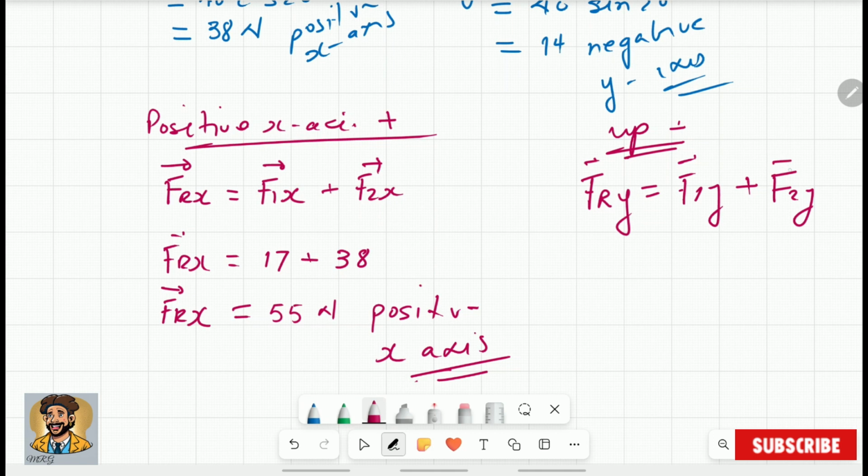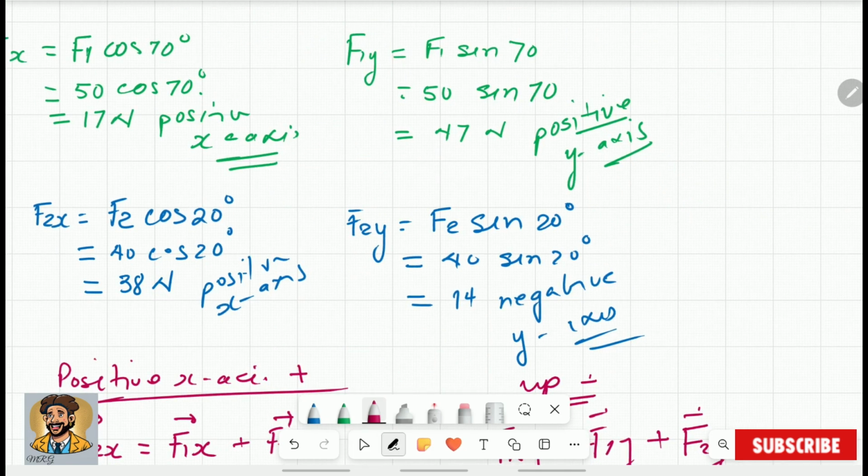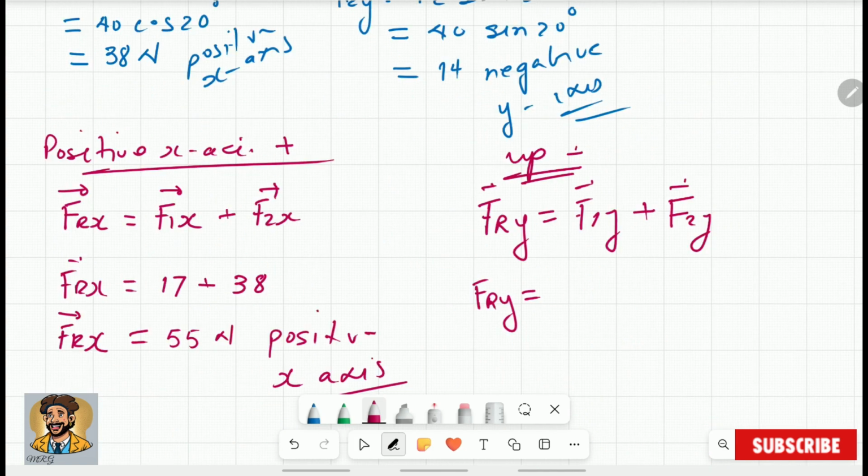F1 is positive, F2 is negative. Do you understand? So Fr in y is equal to positive 47 and the 14 is negative. So it's 47 minus 14.